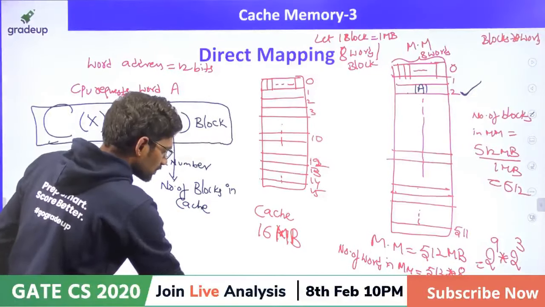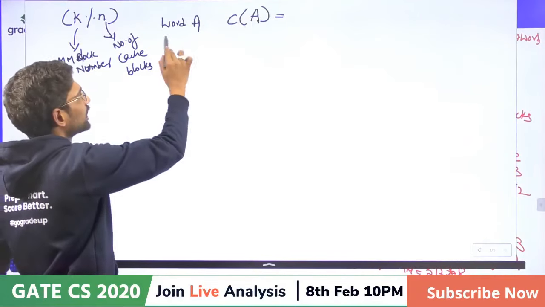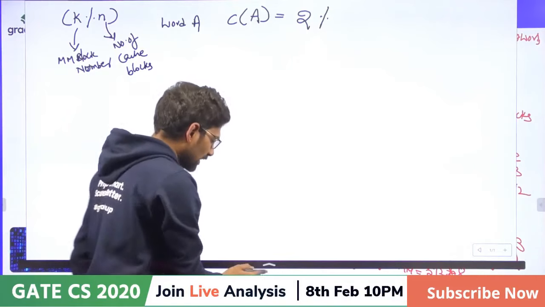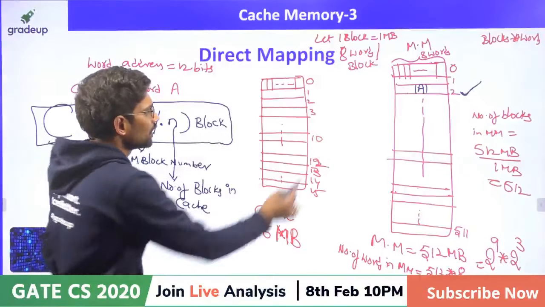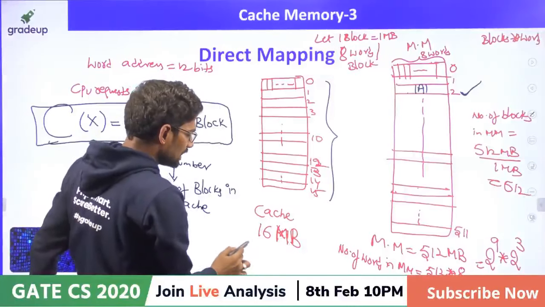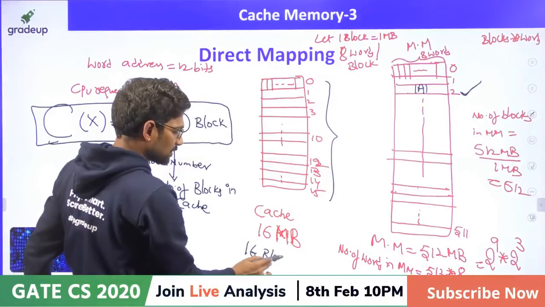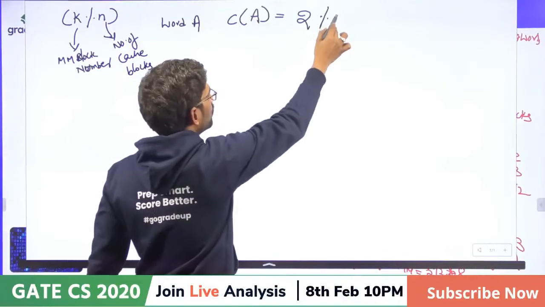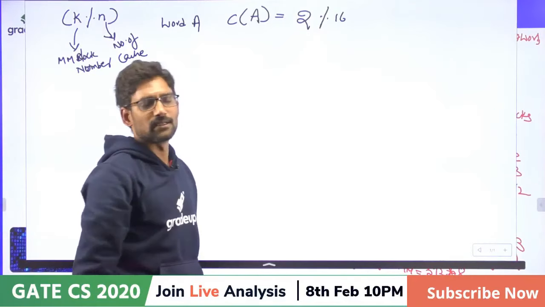So what would be the location of A? 2 modulus how many blocks in cache memory? 16 blocks in cache memory, isn't it? So that would be 2 modulus 16.